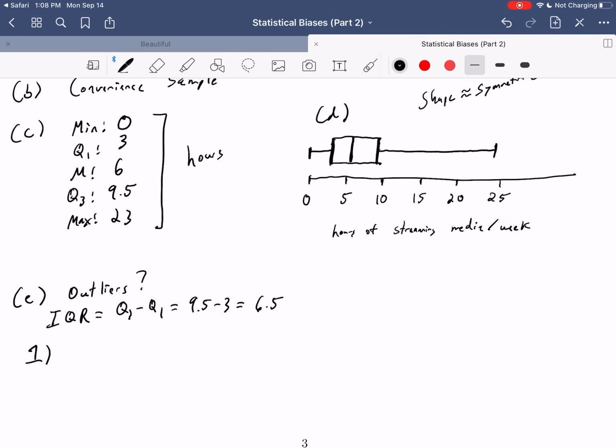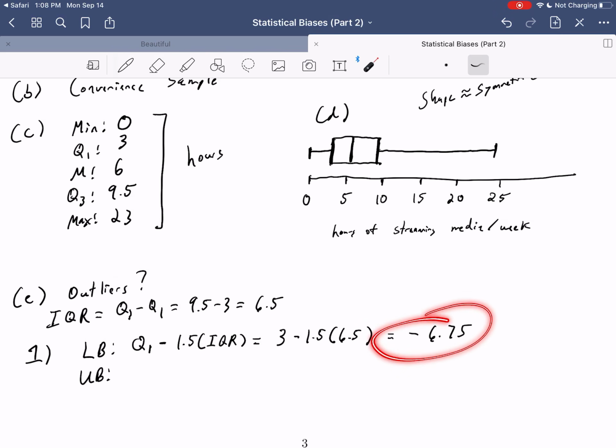Then for step 1, we'll go ahead and get our lower bound and our upper bound. Remember, the lower bound is Q1 minus 1.5 times the IQR. Q1 in this case is 3 minus 1.5 times 6.5. So if we do that on our calculator, 3 minus 1.5 times 6.5, we should get negative 6.75.